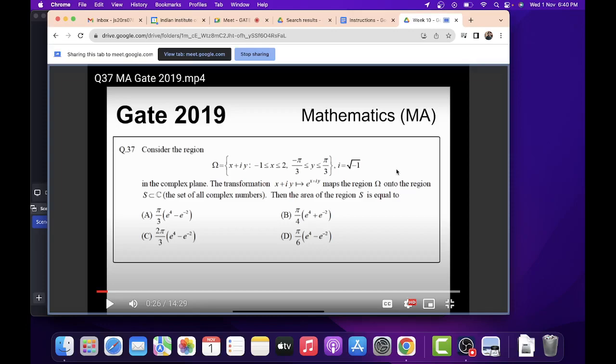For x equals -1, the left-hand boundary of the rectangle, e to the power -1, maps to the circle of radius e inverse. So it will look like an annulus where it maps, and y covers the angles, but it will not be the entire annulus.